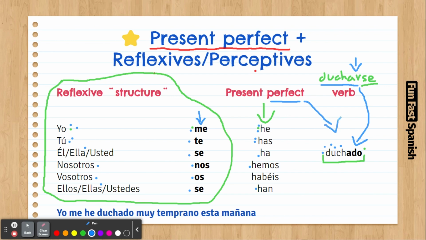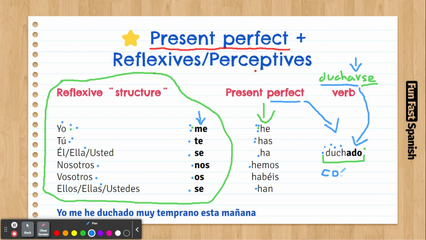If you want to say, I have eaten pizza, so comerse una pizza is reflexive because you're eating something specific. So comerse una pizza. So you say, yo me he comido una pizza.